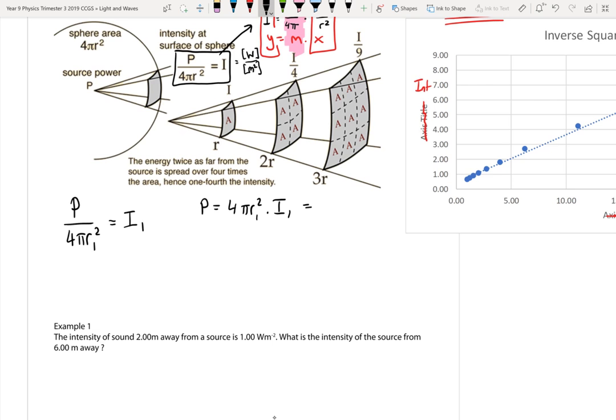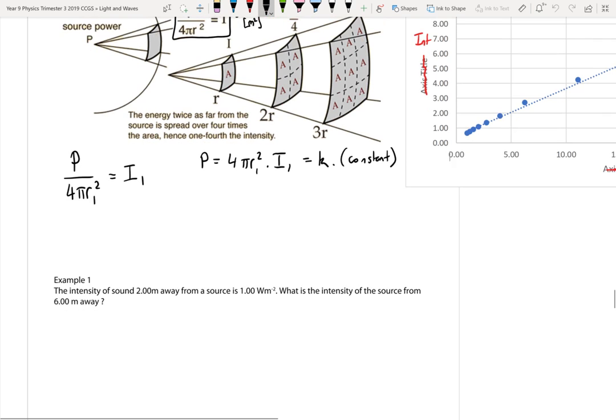Now, if that is a constant, which it is, your light bulb is sitting there burning brightly, same voltage, same current, same intensity, the power's not changing. All right? Pretending that it's still plugged in and it's just pumping out the same amount of joules per second. So if that's constant, then watch what we can do.